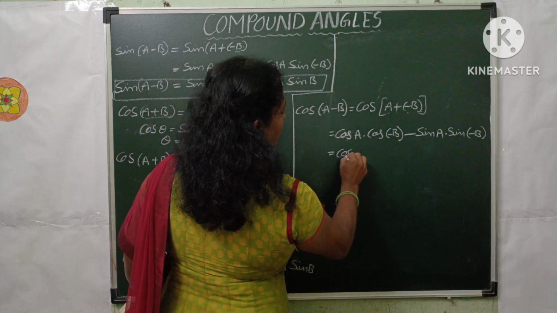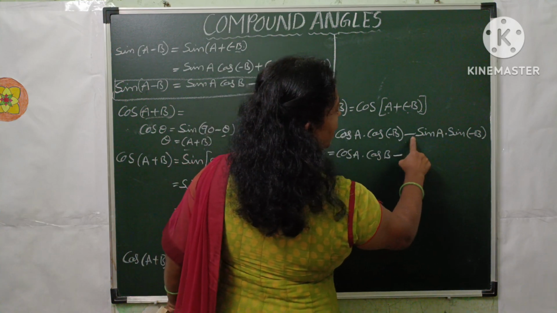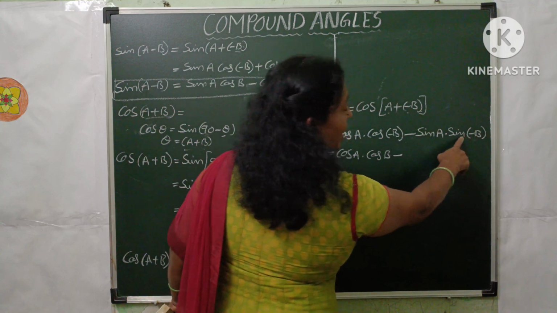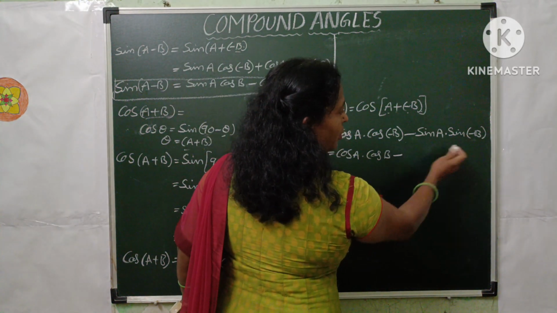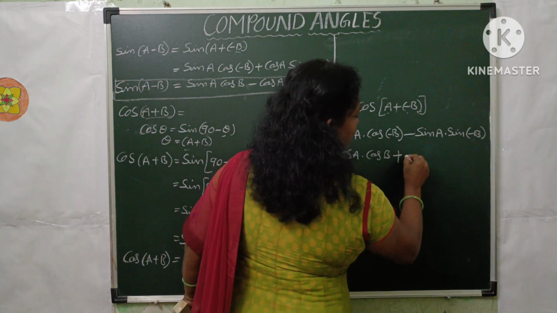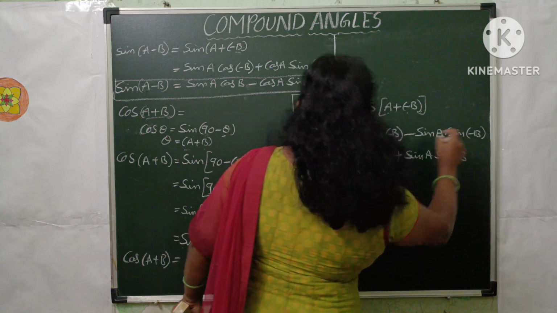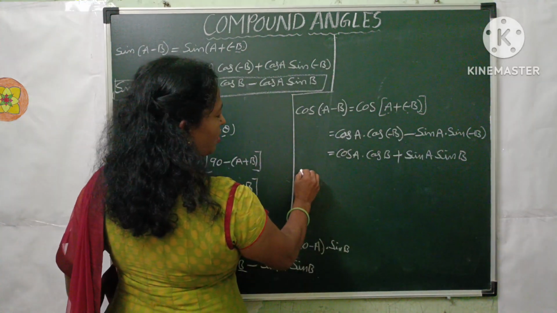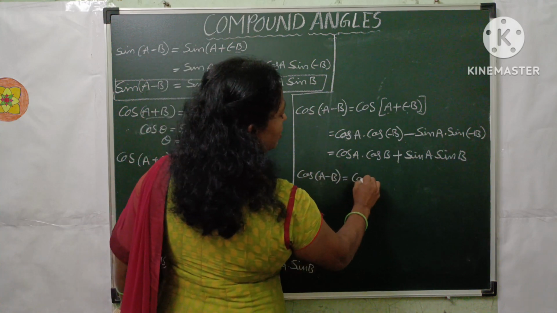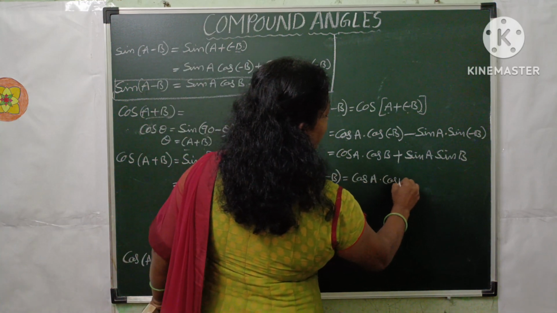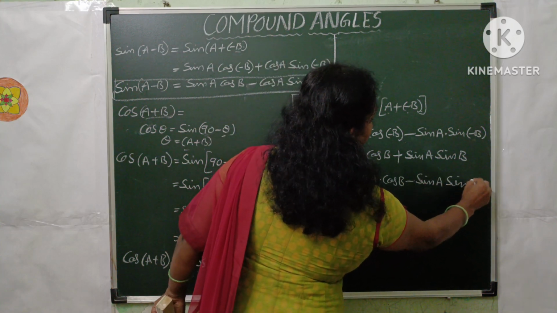Now cos a cos b, left side no change. Here sin(minus b) is minus sin b, so minus into minus is plus. So this is the formula for cos(a minus b) equal to cos a cos b plus sin a sin b.